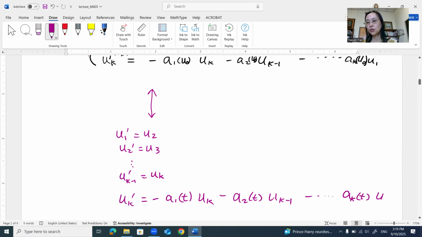a_k of t u1. So compare this one to the previous one.